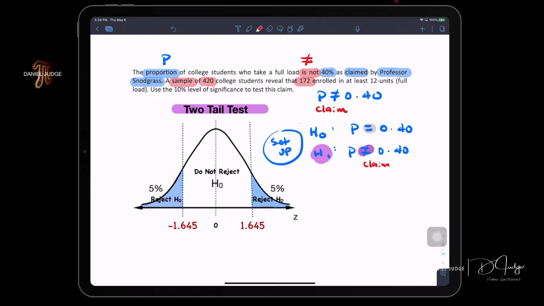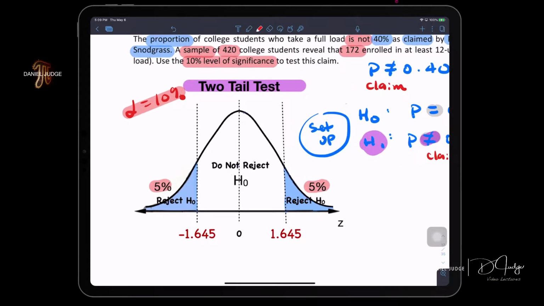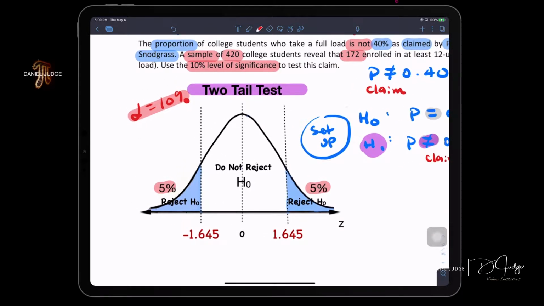So we're really not done with the decision rule, because when we read further, it says use the 10% level of significance here. And that means that alpha here is 10%. So if it's the sum of the tails, 5 and 5, notice, makes that 10% level of significance here. So everything's on par.